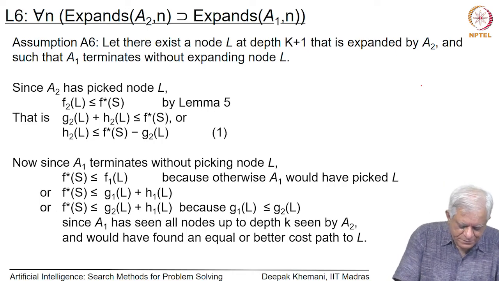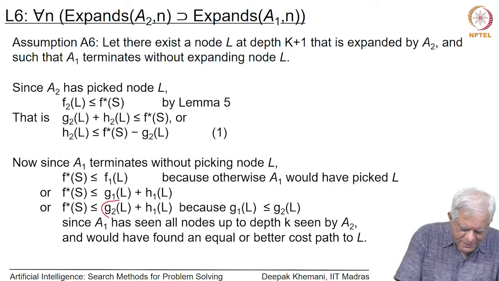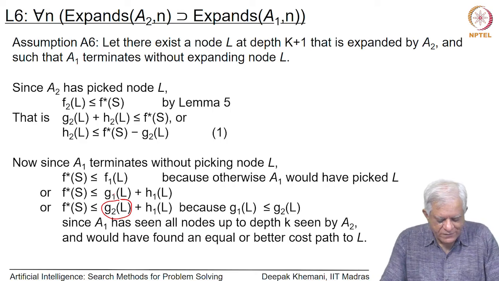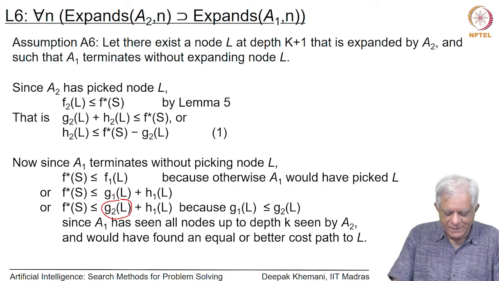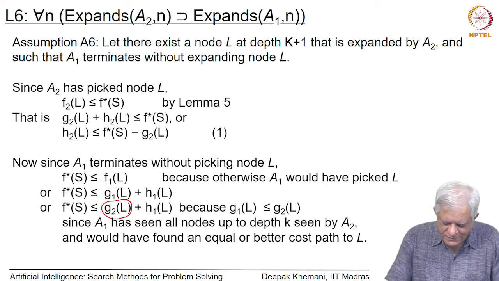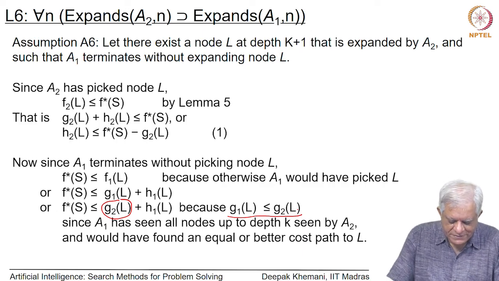But now, instead of G1 of L, we can write G2 of L here, and this is because we know that G1 of L will always be less than or equal to G2 of L. So, we can replace G1 of L with a larger quantity and the inequality would still hold.